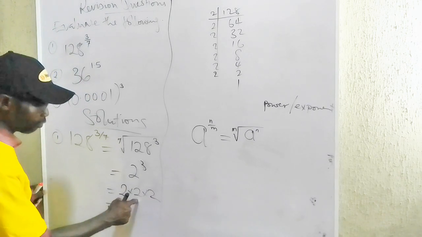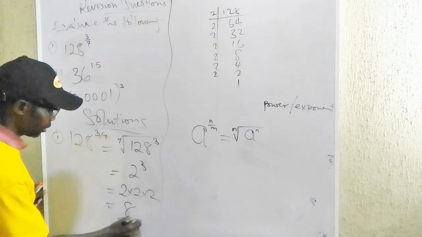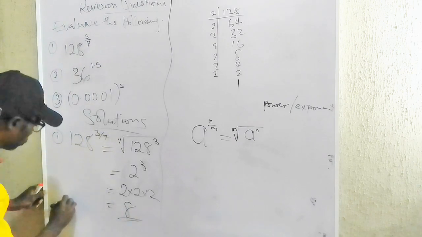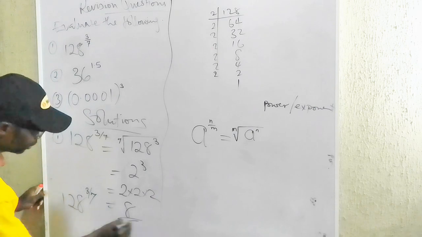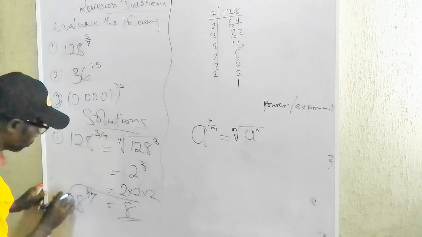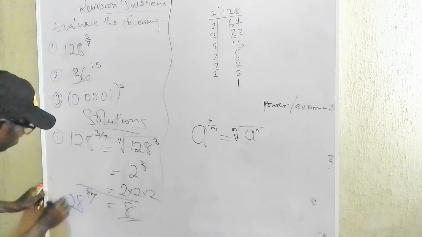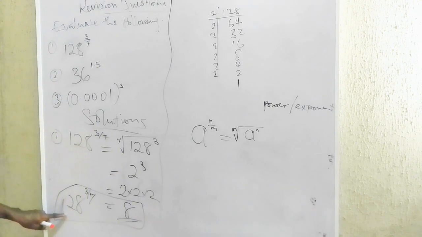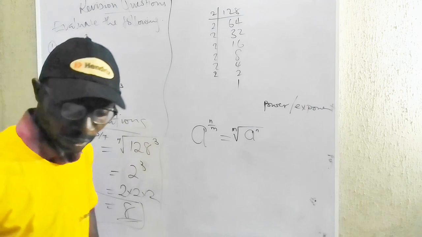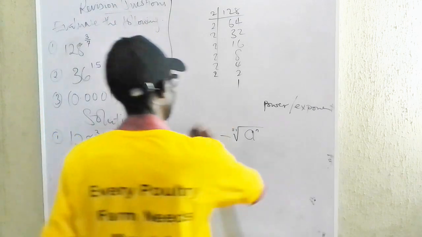So 2 times 2 is 4. 4 times 2 is what? 8. In other words, 128 raised to the power of 3 over 7 is equal to 8. Simple. Now we go to the next question.